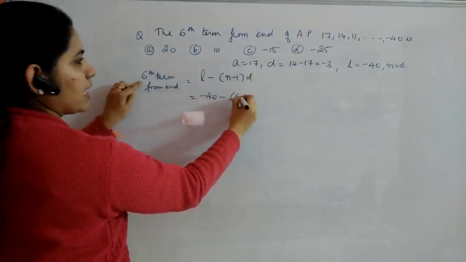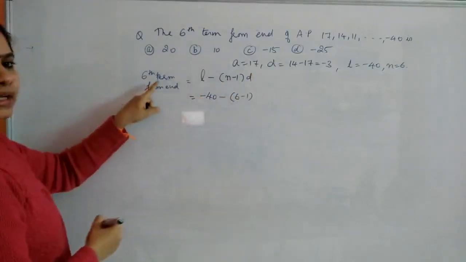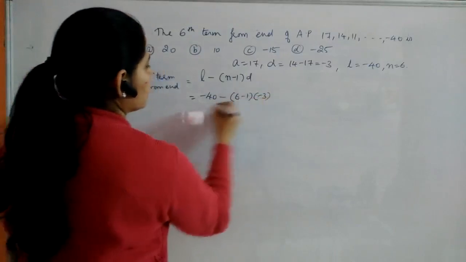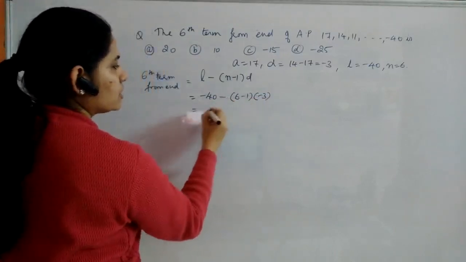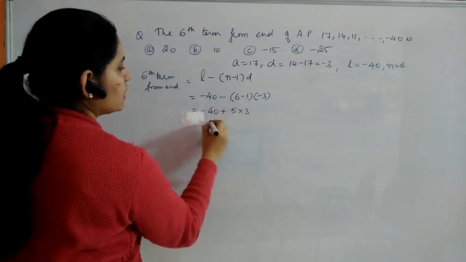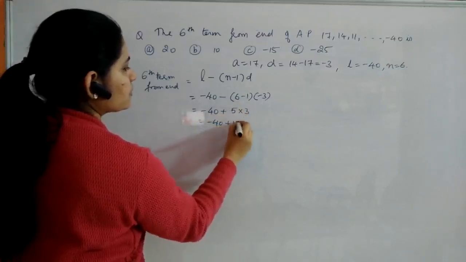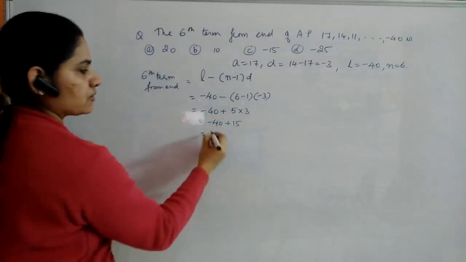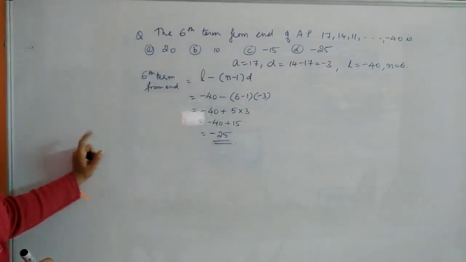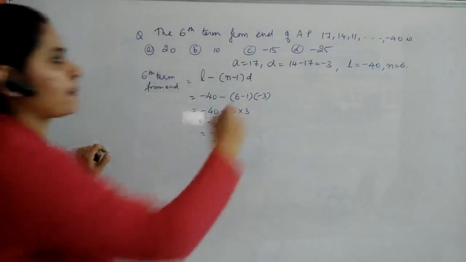Here you can use n as 6 because you are directly finding out the sixth term from the end, into d is minus 3. So that this will become positive. Minus 40 plus this is 5 into 3. So minus 40 plus 15 will give you how much? Minus 25. So the option D is correct.